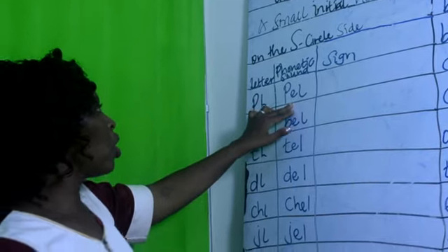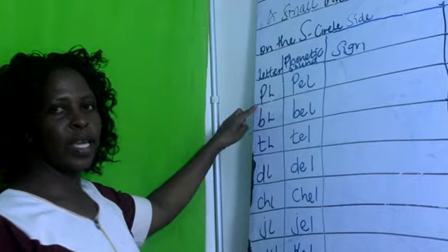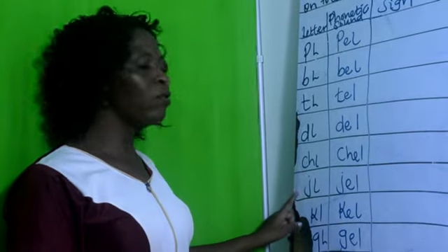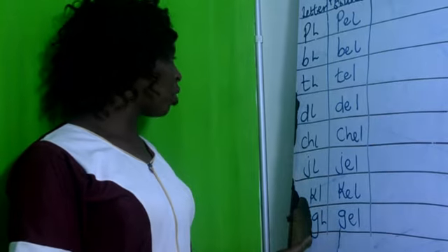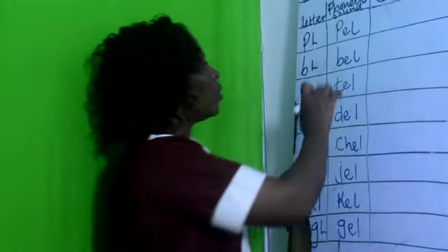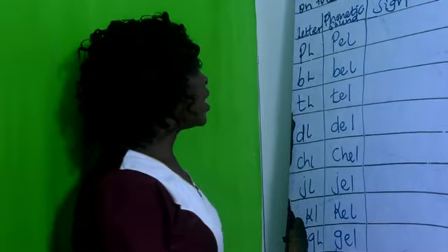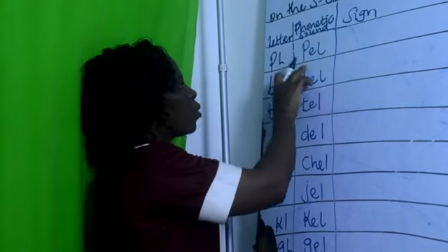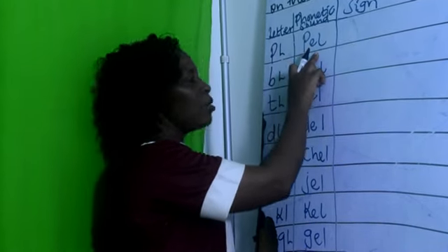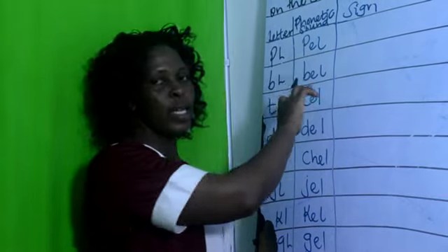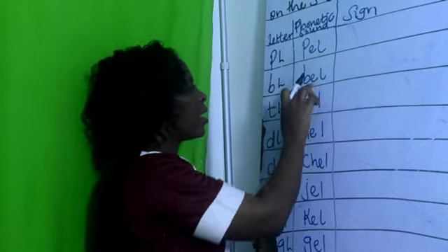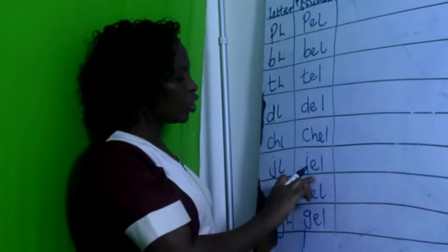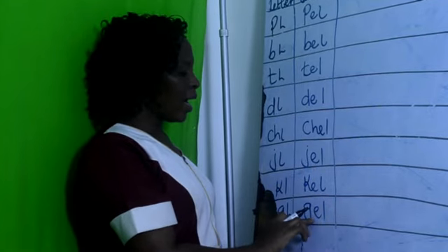The straight down strokes are stroke of P, stroke of B, stroke of T, stroke of D, stroke of CH, stroke of J, stroke of K, and stroke of G. When we have the L hook on such straight strokes, these are the phonetic sounds we get: pel, bel, tel, del, chel, jel, kel, and gel.